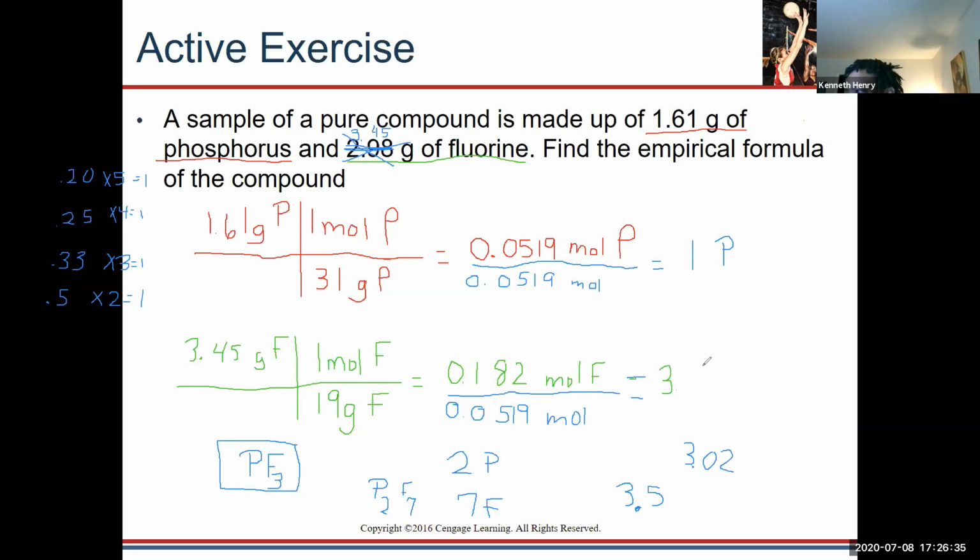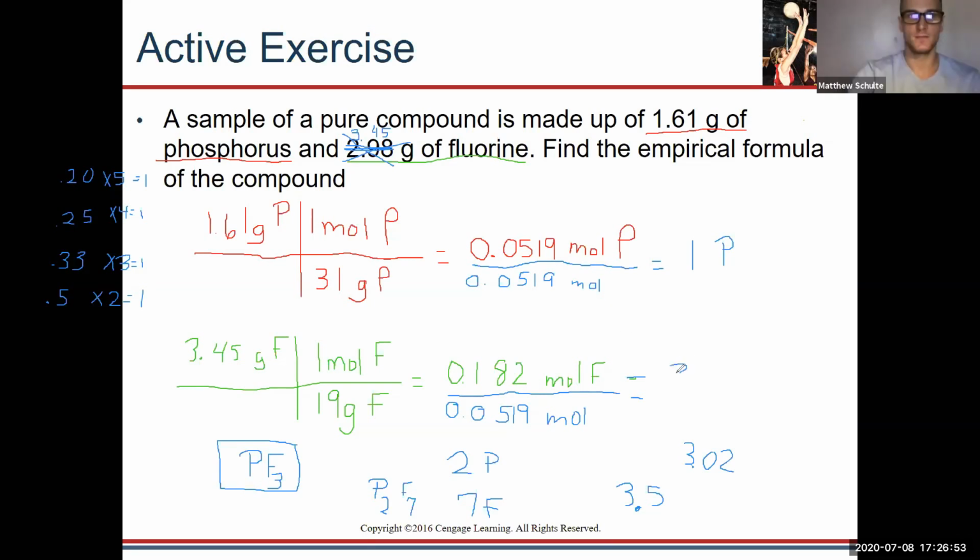Okay, so 3.5. Is that a whole number? No, that's not a whole number. So we need to figure out a way of making that a whole number, right? So what do we multiply it by to make it a whole number?